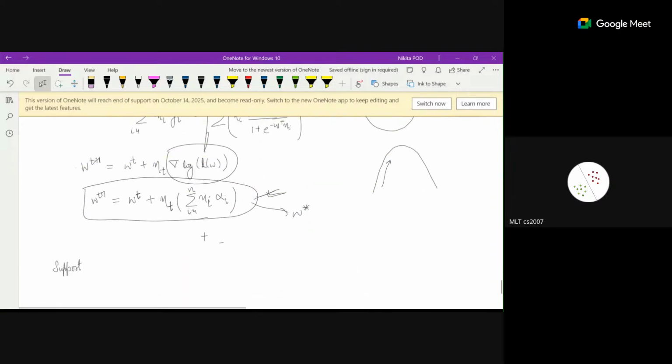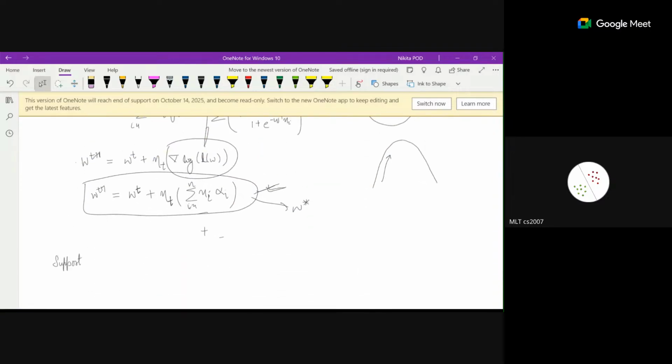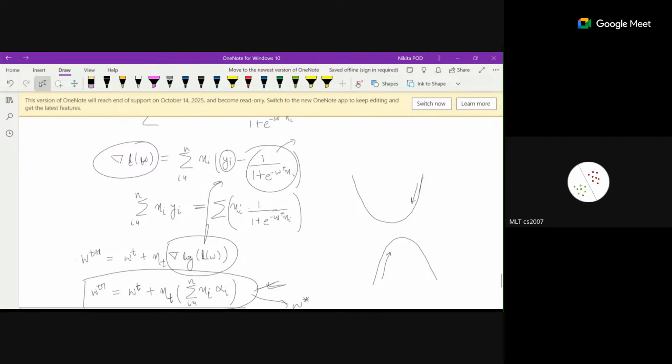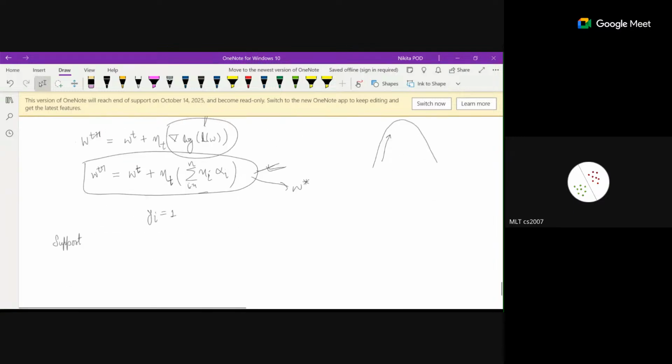For example, we had seen that if we take yi to be 1, then what will happen? What is the probability that we have to find? It is the probability that yi is equal to 1 given xi, and it is given by 1 by 1 plus e to the power minus W transpose xi.